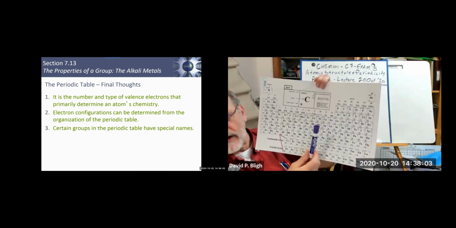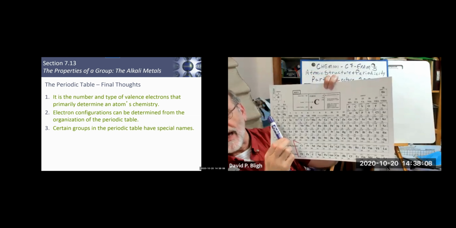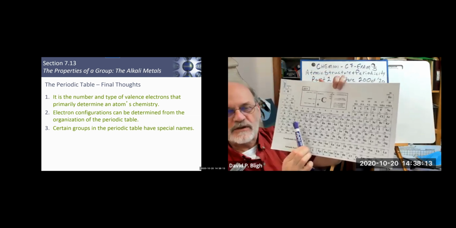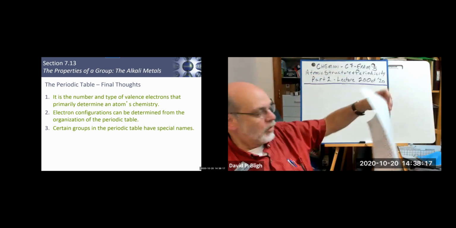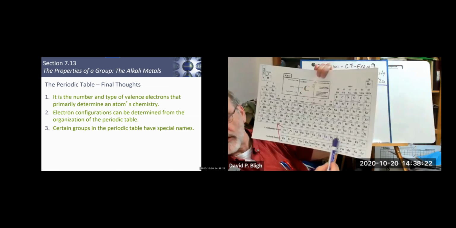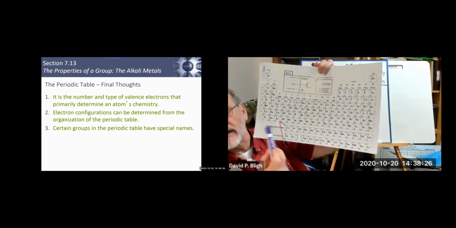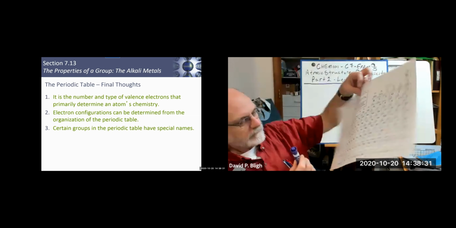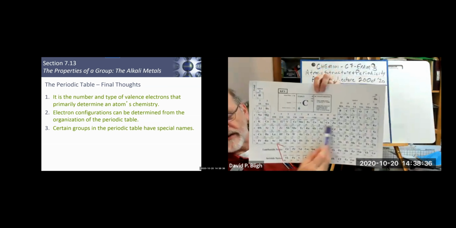Carbon and boron don't have special names. Then over here on the left, you've got the first group, which is the alkali metals, and the second group is the alkaline earths, or sometimes called the alkaline earth metals. Then there are the lanthanides, which is the top series of elements where we're filling the f orbitals, and then the actinides below them. And don't forget the transition metals.